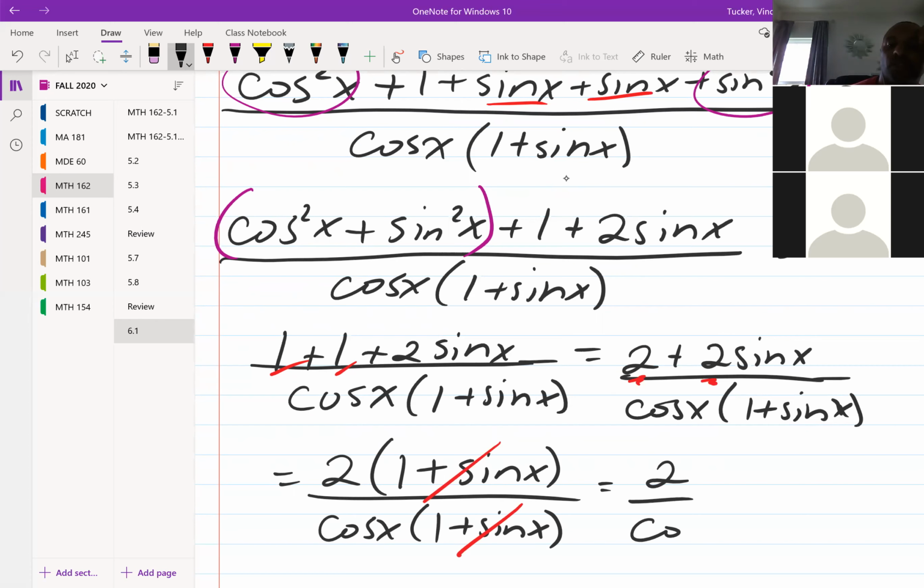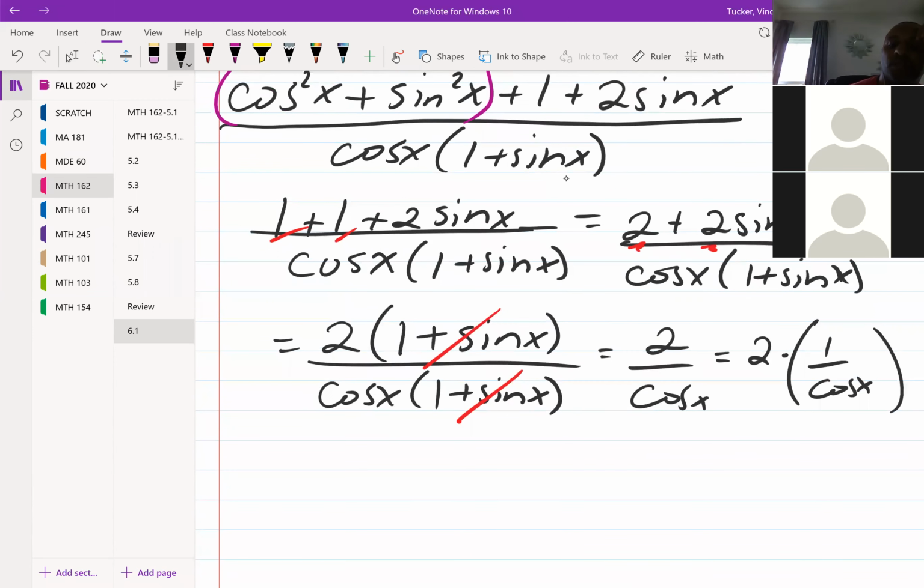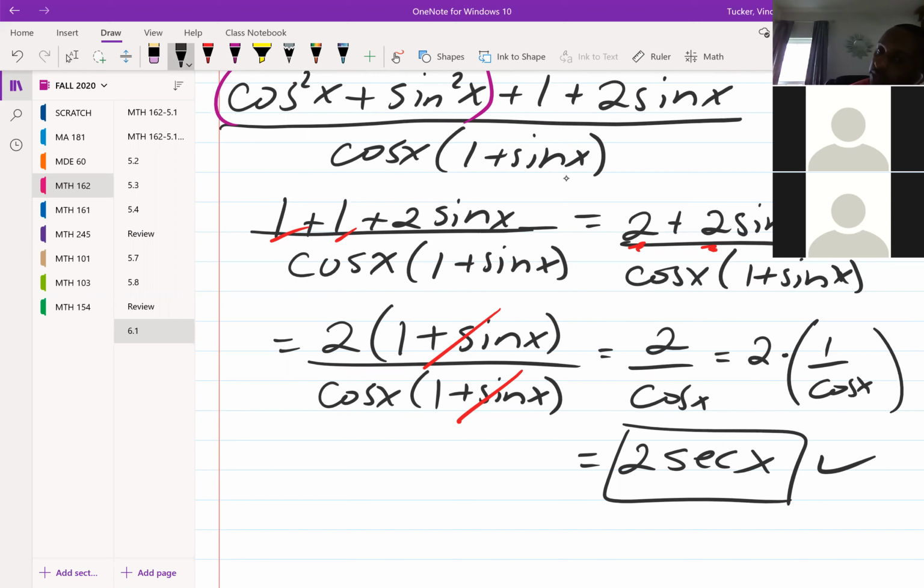And I have 2 over cosine x, which is the same thing as 2 times 1 over cosine, which is the same thing as 2 times secant. I think that's what we're supposed to get, yep. And that's it.